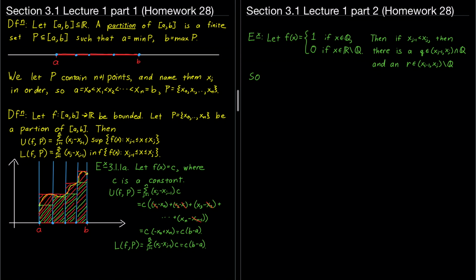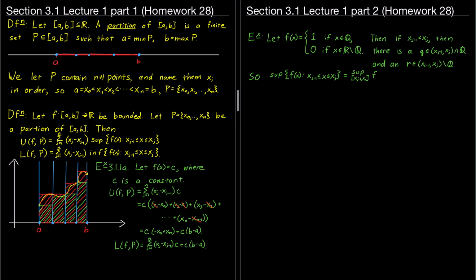So what that means is that the supremum of the set of all f of x, xj minus 1 less than or equal to x less than or equal to xj. By the way, some notation here, you sometimes write this as the supremum over the interval xj minus 1, xj of f, that's just the supremum of all the f of x, where x is in the set written down there.